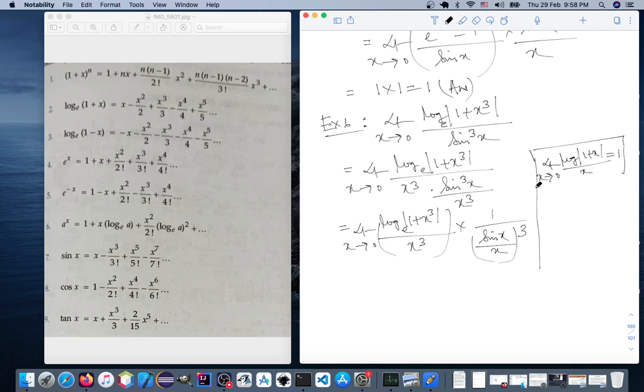Can we say this? We know log of 1 plus x by x as x tends to 0 is 1, but log of mod of 1 plus x by x equals 1?